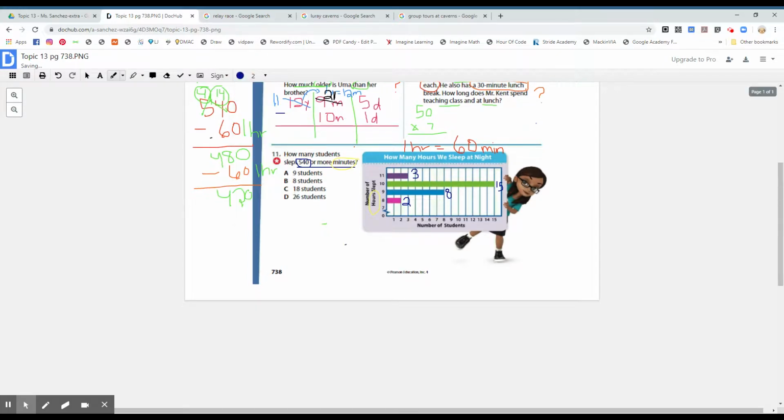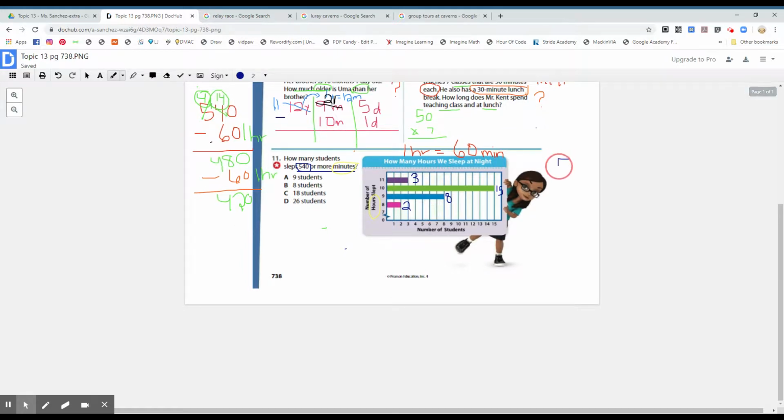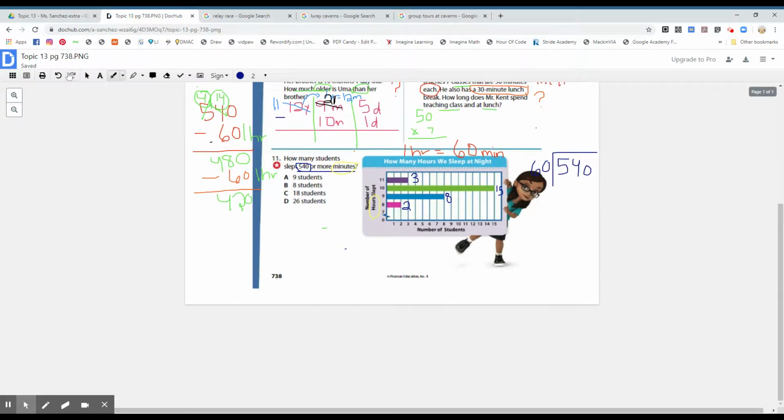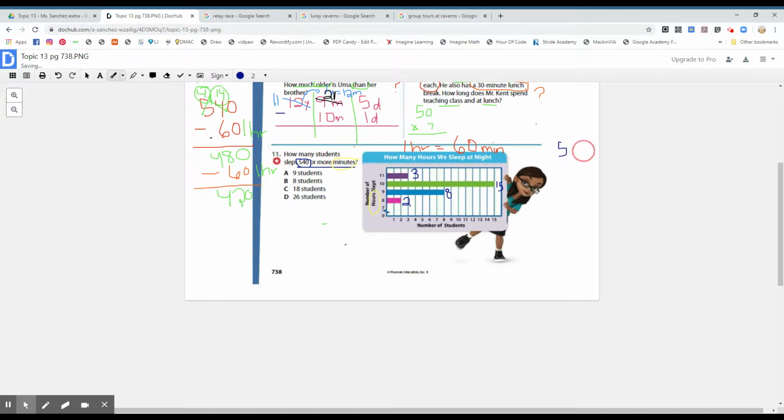Okay, so we have 540 minutes, and I'm going to divide it by 60 minutes. Okay, let me see, I'm not happy with where the numbers are at. Okay, so let me go a little higher. 540 minutes, and we're going to divide it by 60 minutes.